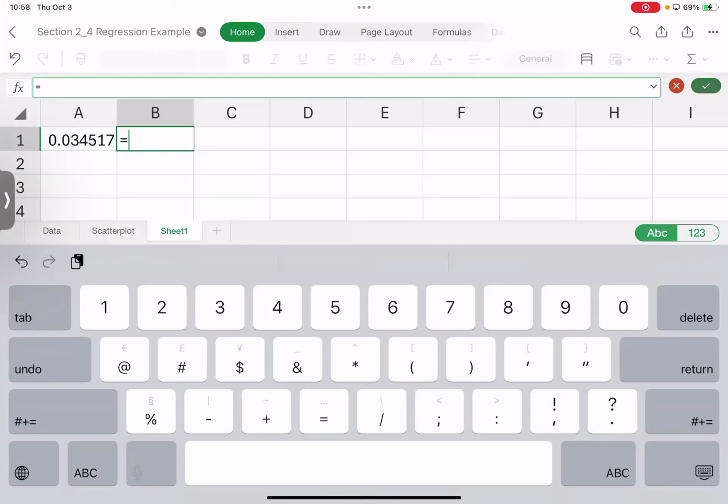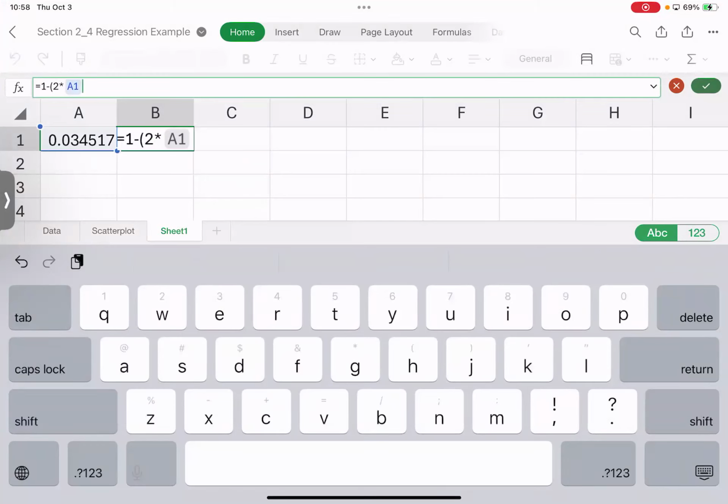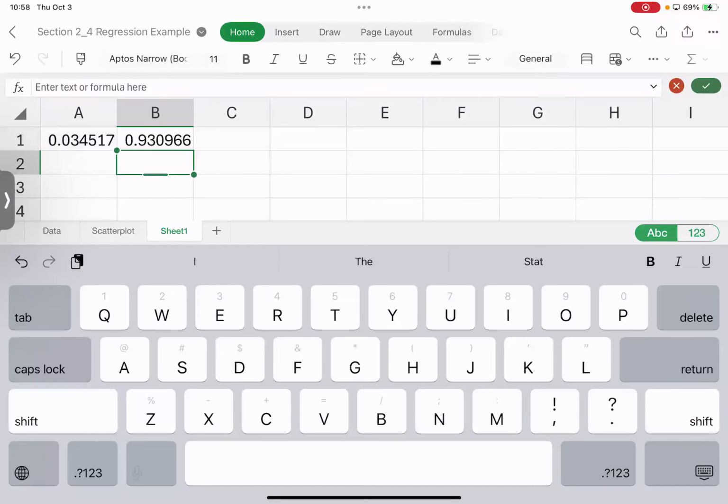There. Equals 1 minus, I'll use brackets, 2 times A1. Close the bracket. Return.